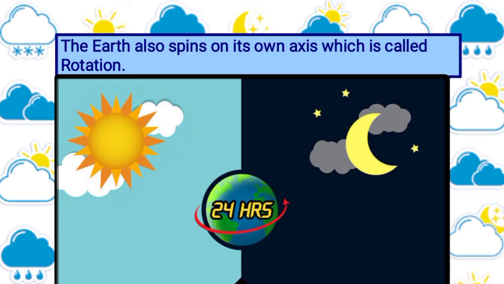This means that to us here on earth, the sun appears to rise in the east in the morning and climb higher and higher in the sky towards midday, and in the afternoon the sun then seems to move lower and lower in the sky before setting in the west.